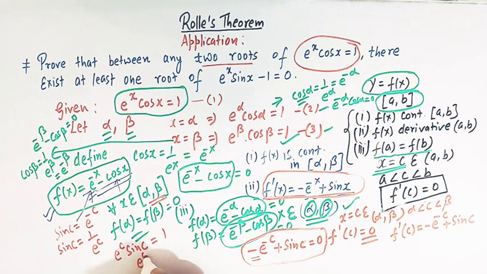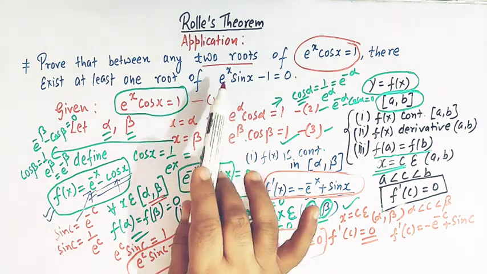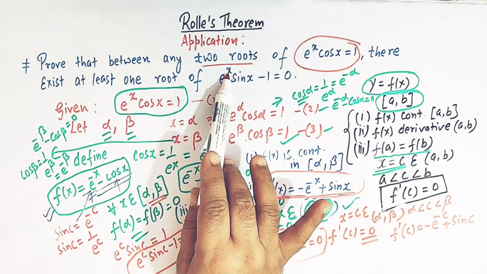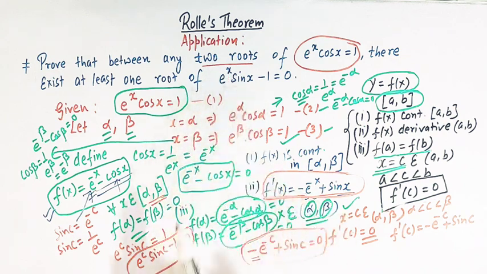So this is e raised to c sine of c, and taking 1 to the left hand side, we have minus 1 is equal to 0. So this equation suggests that if we replace x by c in this equation, we'll get this equation.